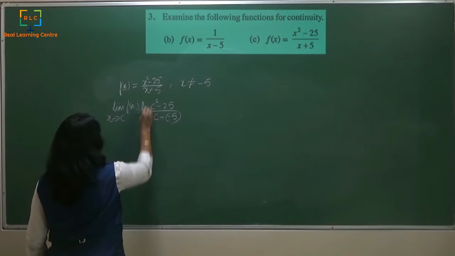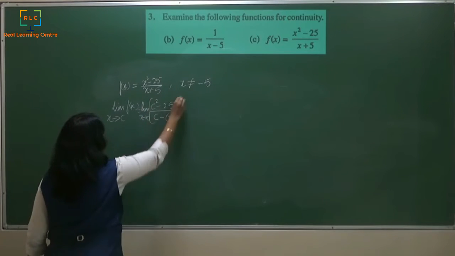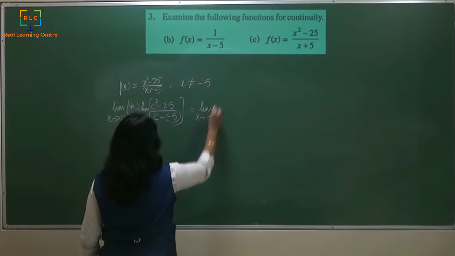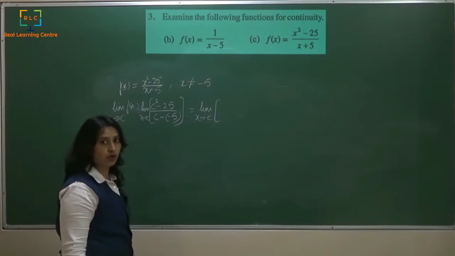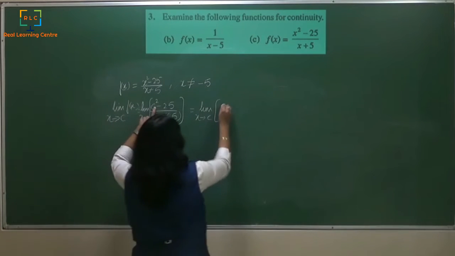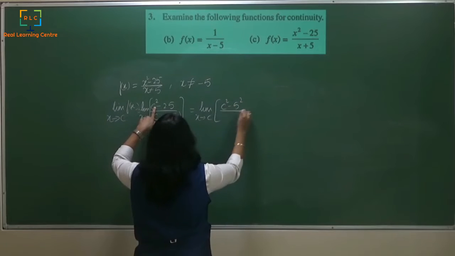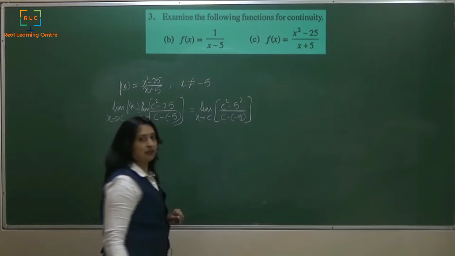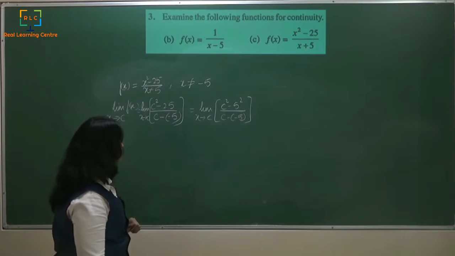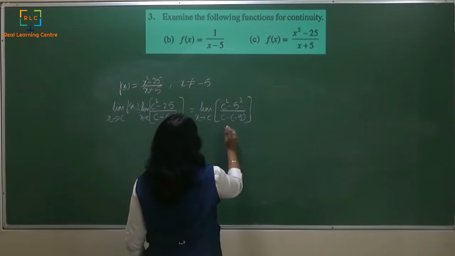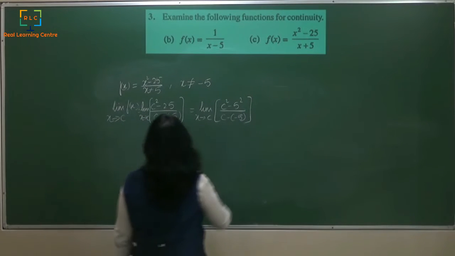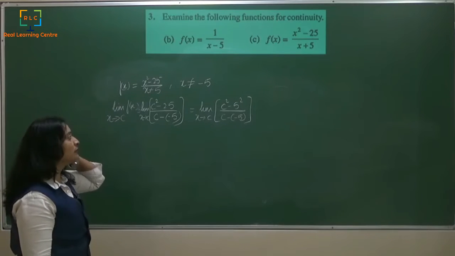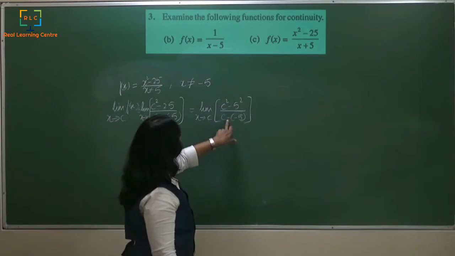So this is limit as x tends to c of, and this is equal to limit as x tends to c of c square minus 5 square divided by c minus of minus 5. Have you seen this form? 25 I'll write as 5 square. Okay, so now you see that this can be written in the form of x square minus a square divided by x minus of minus a.